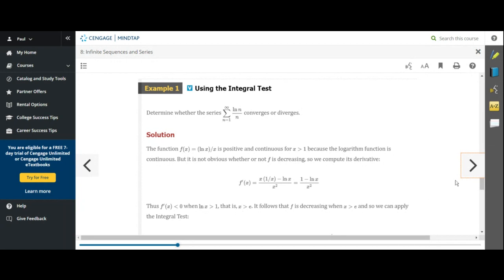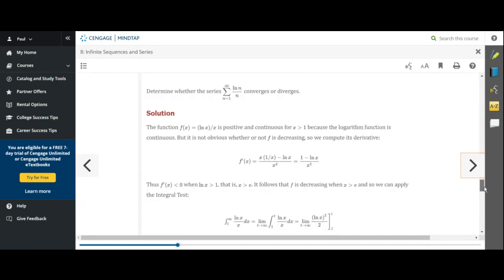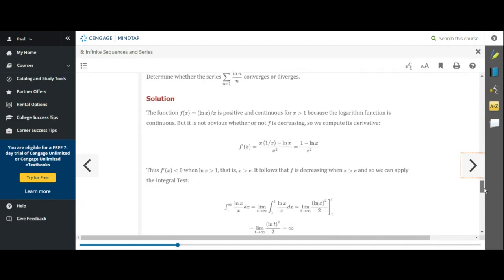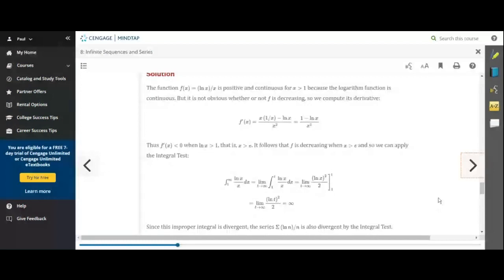That's all that matters: eventually the terms decrease. So all you need to do is the integral from 1 to infinity of log of x over x. That's an improper integral, right? So you write it as the limit as t goes to infinity of the integral from 1 to t of log of x over x dx.